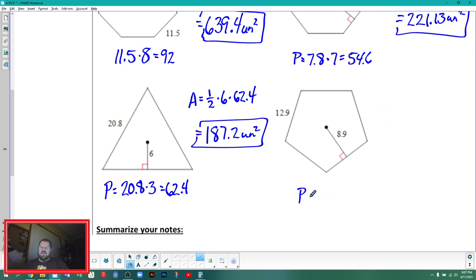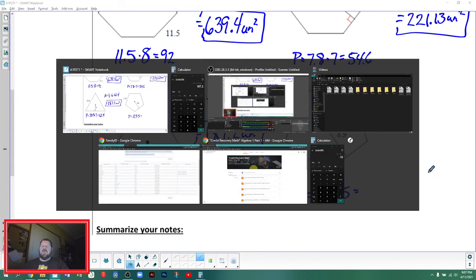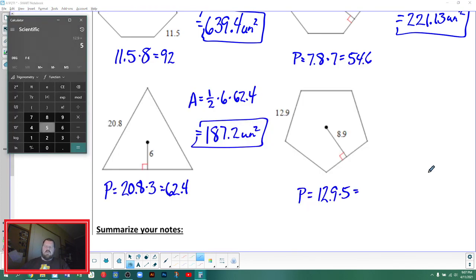Next one's a pentagon, so there's 5 sides. We have 12.9 times 5, which is 64.5.